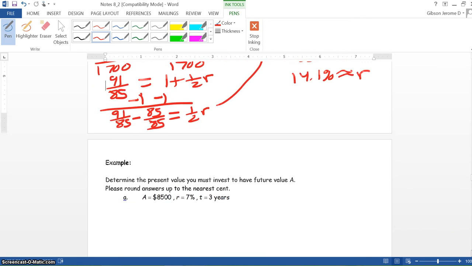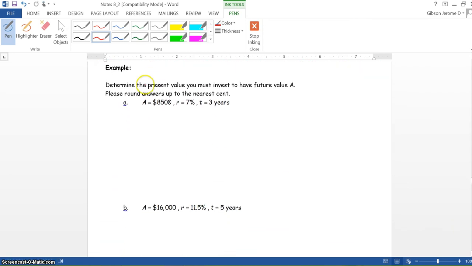Now we scroll down to the next example. It says determine the present value you must invest to have future value A. Please round answers up to the nearest cent. So we have A is equal to P times 1 plus RT.